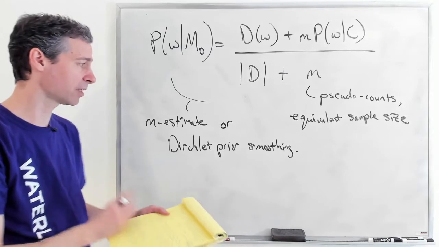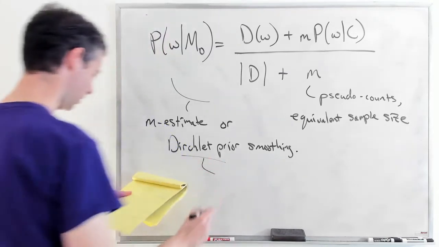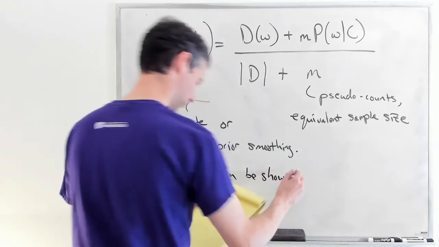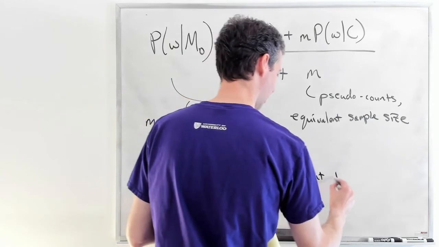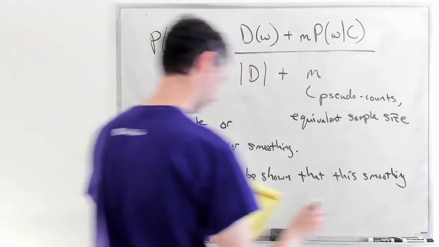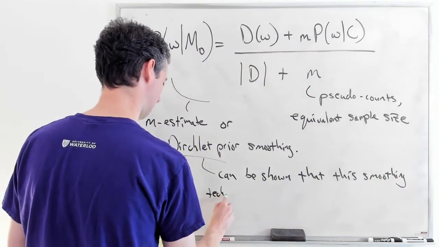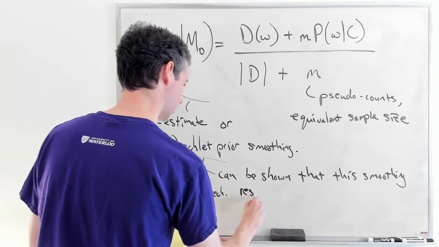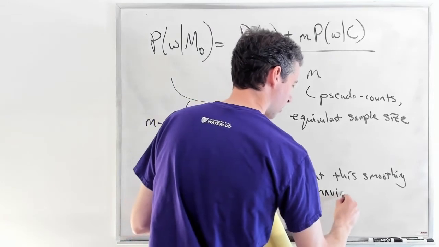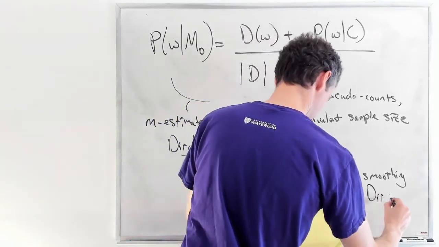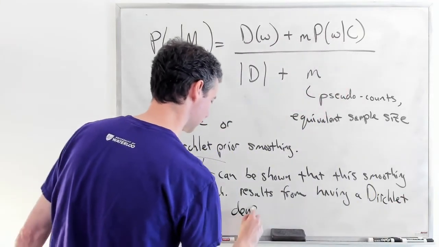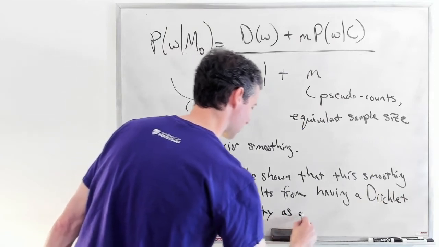Yeah, so the way to say that is that it can be shown that this smoothing technique results from having a Dirichlet density as a prior.